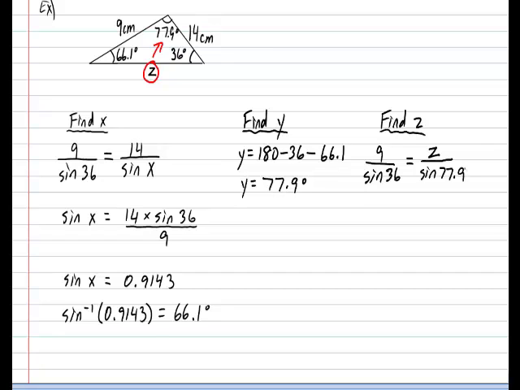And when you do your cross multiplication, you end up with Z equals 9 multiplied by sine of 77.9 divided by sine 36, and you end up with Z being equal to around 14.97 centimeters.